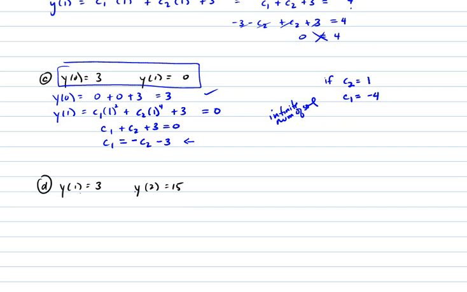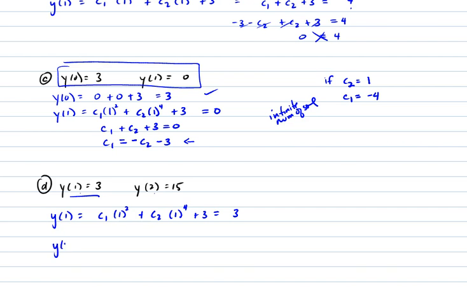Finally, let's use these boundary conditions and we'll find a unique solution in this case. We'll see. So y of 1 is C1 times 1 squared plus C2 times 1 to the fourth plus 3, and that needs to be 3 from this condition.